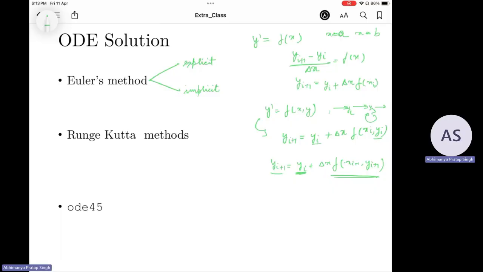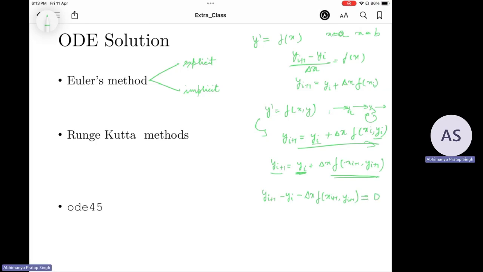So we cannot solve this using these sort of incremental methods. What we usually do is formulate this as a nonlinear, root finding sort of problem, and we try to solve this. If we take this entire thing to one side, then it becomes yi plus 1 minus yi minus delta x f of xi plus 1, yi plus 1 is equal to 0.